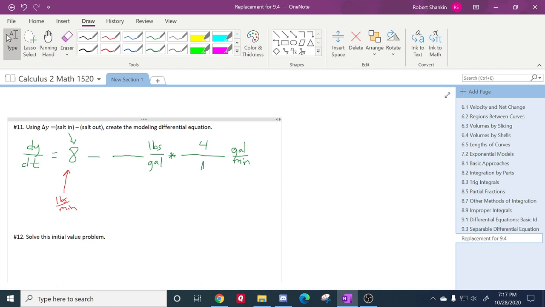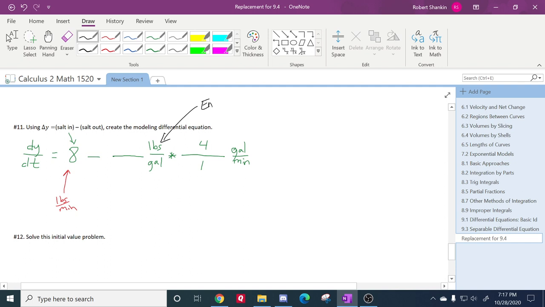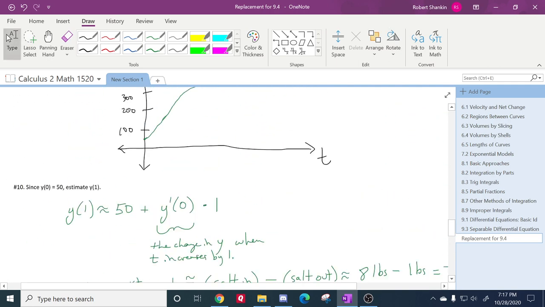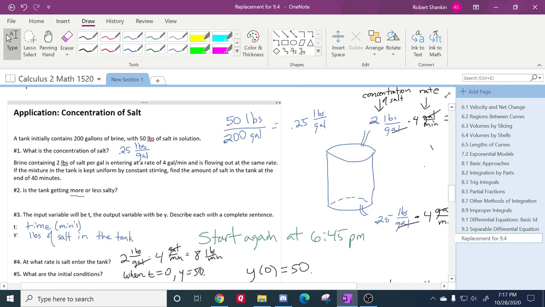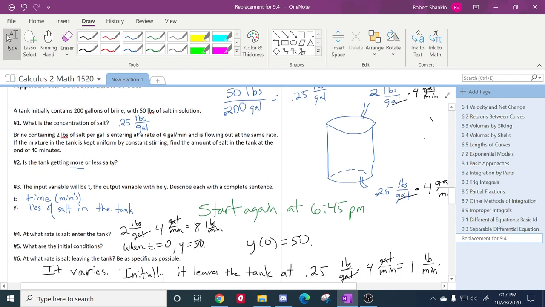So that's the secret of getting this whole thing, is you ask this question for the entire tank. All right, so when we think about the entire tank, there are how many gallons in the whole tank? It tells us 200 gallons in the entire tank.